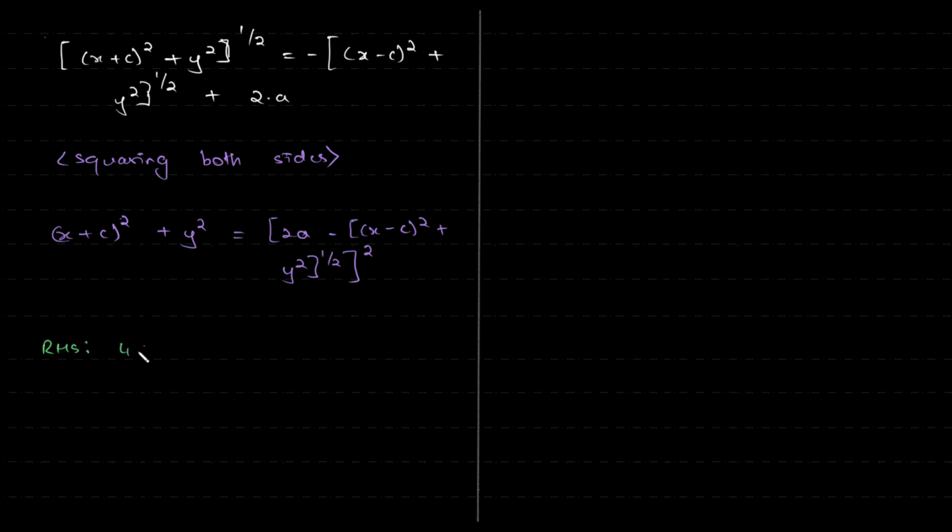So we have 4a square, plus (x minus c) the whole square plus y square. This is of the form (a minus b) the whole square, which gives minus 2ab. So basically this is minus 4a times the root of (x minus c) the whole square plus y square. So that is your RHS.